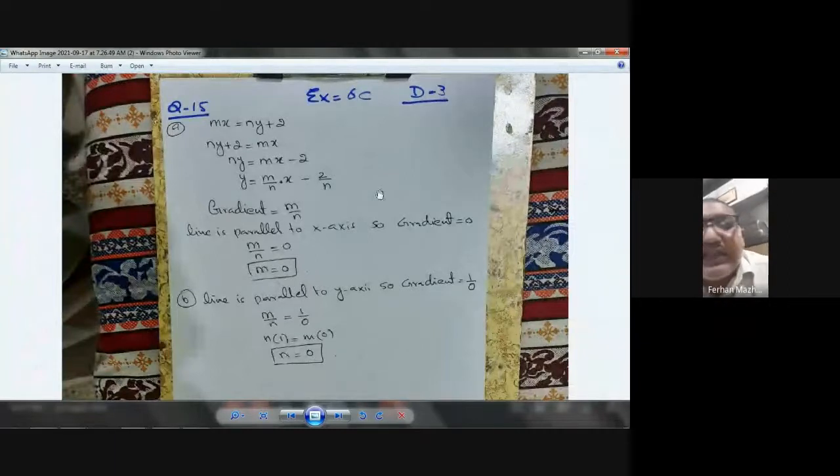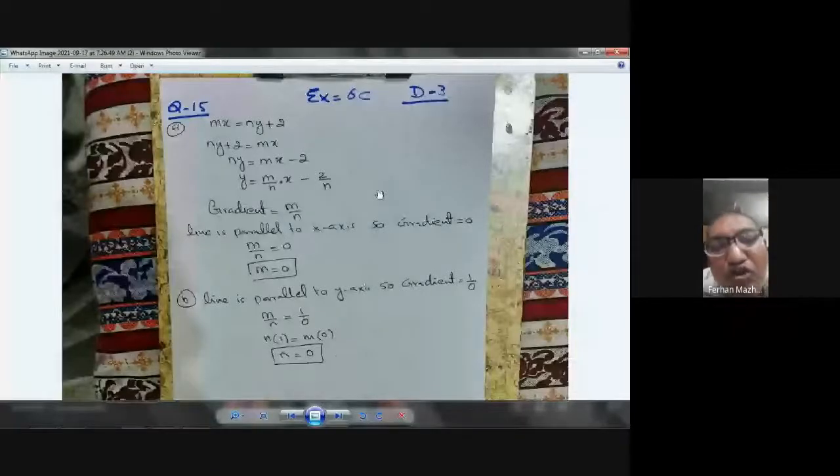It says in question number 15, which is the advanced level in your book, if the line mx plus ny plus 2 has the same gradient as the x-axis, find the value of m. So if the given line is mx plus ny plus 2, how do you find its gradient?